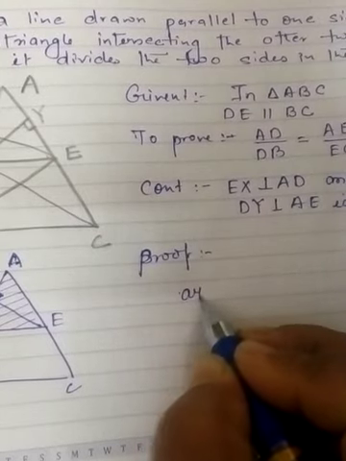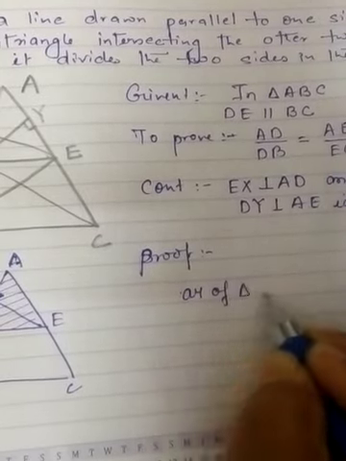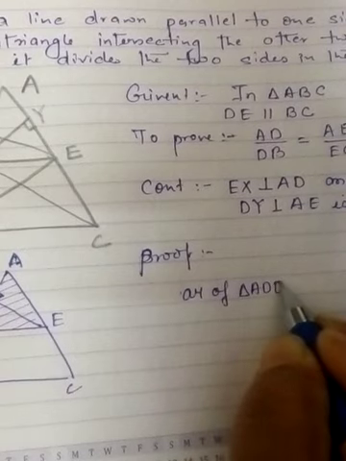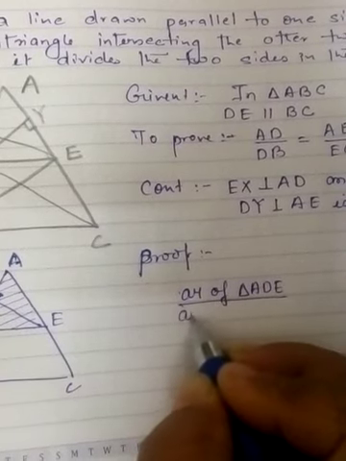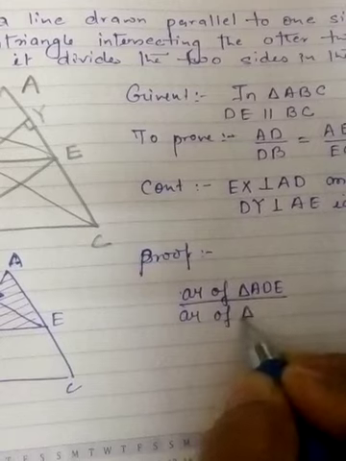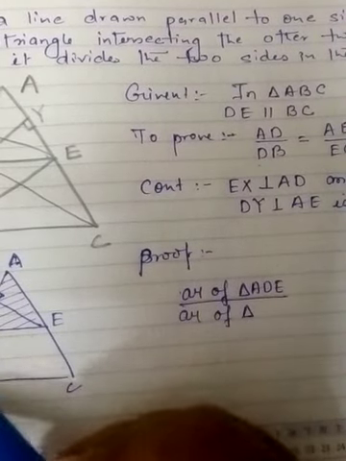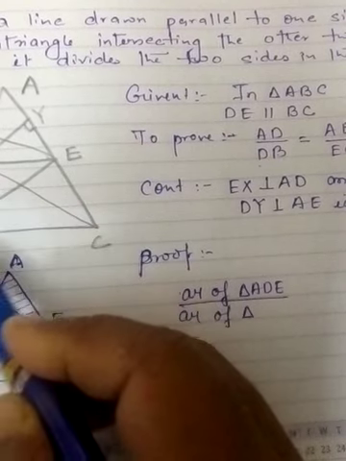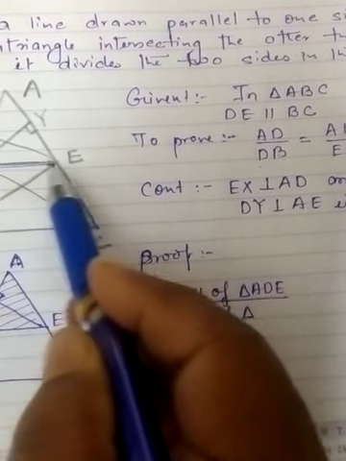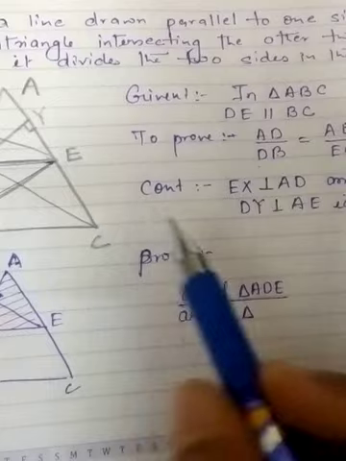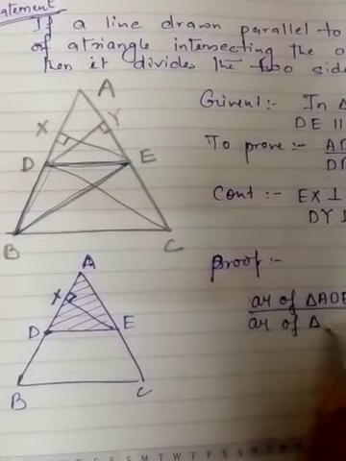So I will start with taking the ratio. I am going to write area of triangle ADE by area of triangle, we want DB, so DB will be in this triangle. So I am going to take triangle DEB.